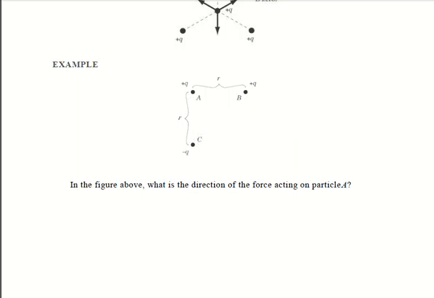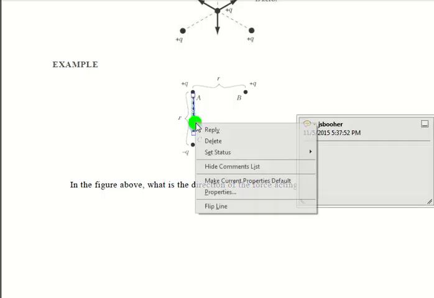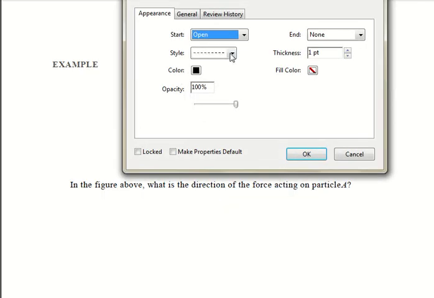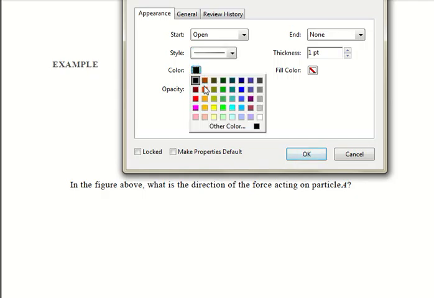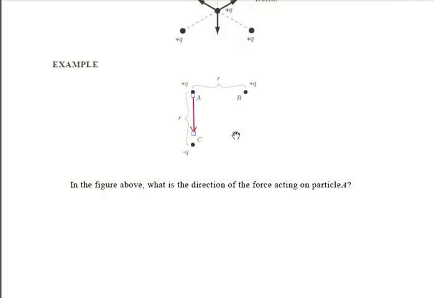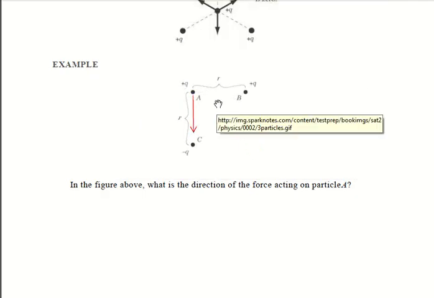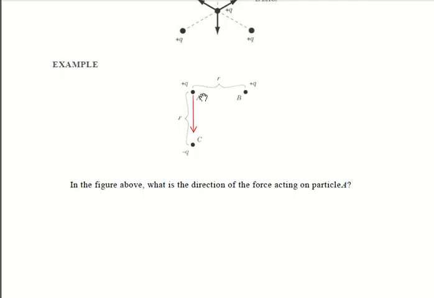That arrow is not going the right way at all. Come on, Adobe. So A wants to go towards C. What's going to happen between A and B?